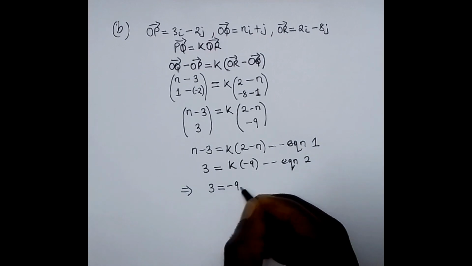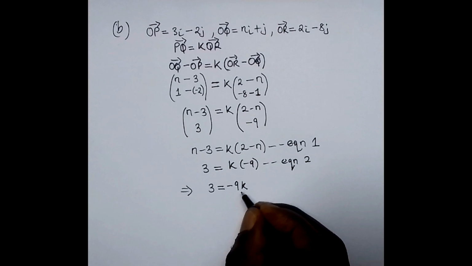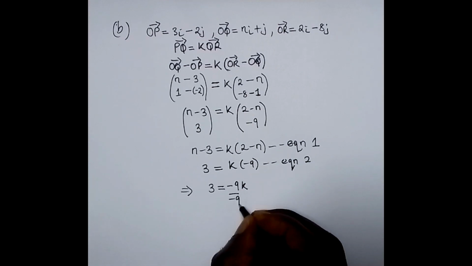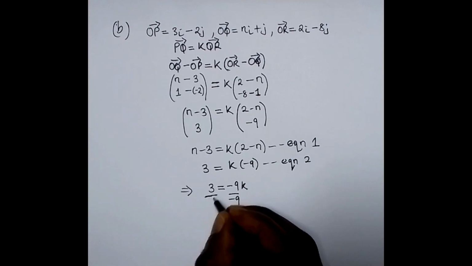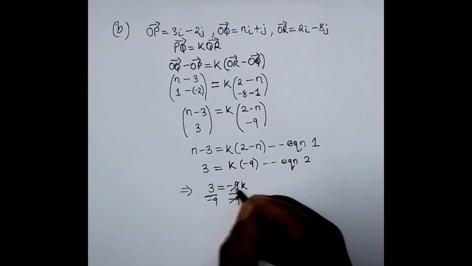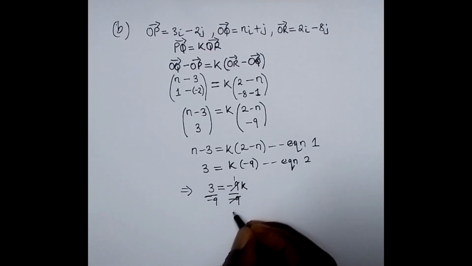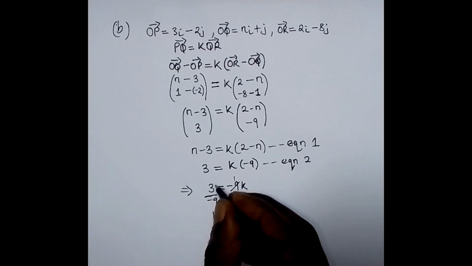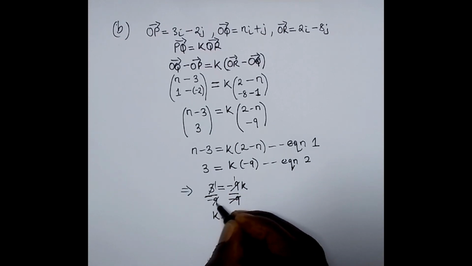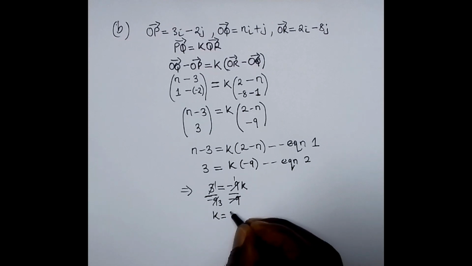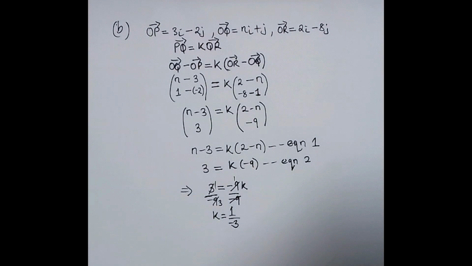This gives us negative 9k, and division by negative 9 on both sides, negative 9 to negative 9, 1 times k is k, so we can bring this k this side. Then we simplify. 3 into 3 is 1, 3 into negative 9 is negative 3, so we got 1 over negative 3 as k. So our k is 1 over negative 3.